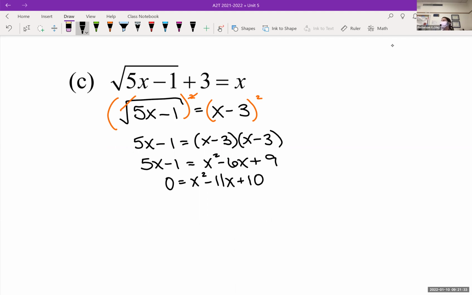So now that our quadratic's equal to 0, we could factor if it's factorable. We could use the quadratic formula. We could complete the square. What would you all like to do? Factor? Okay. Does it factor? Are there two numbers that multiply to a positive 10 that add to a negative 11?